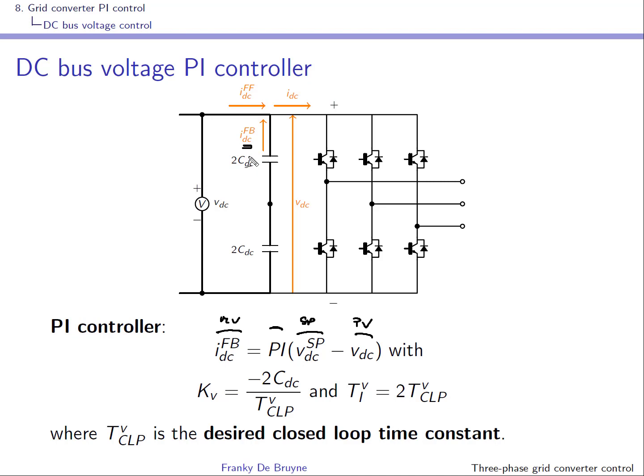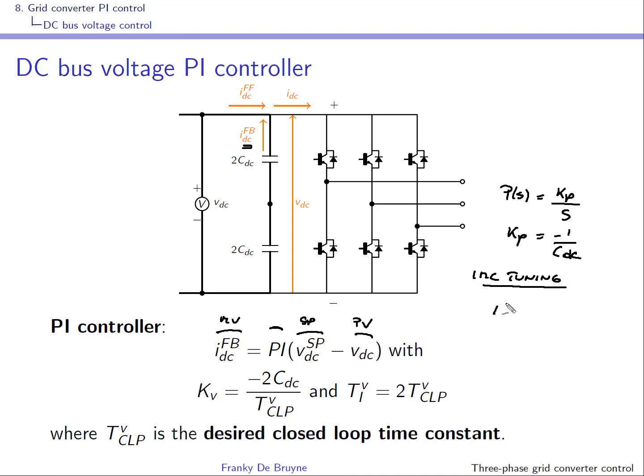We know that the process is an integrating process, Kp over s. We know that Kp is the gain, it's minus 1 over the capacity of the bus. And now we can use the IMC tuning rules that we have presented before.